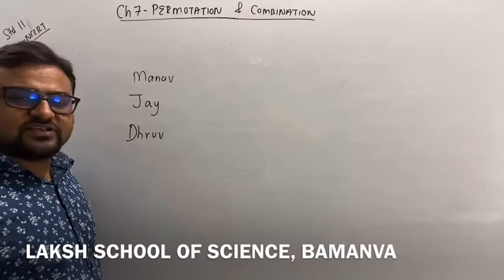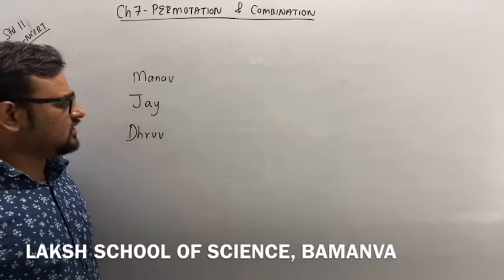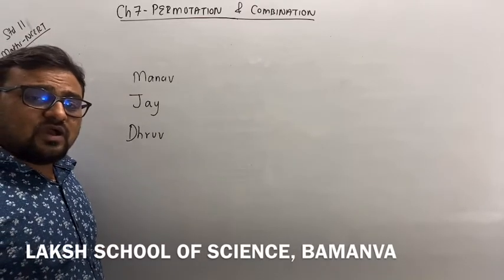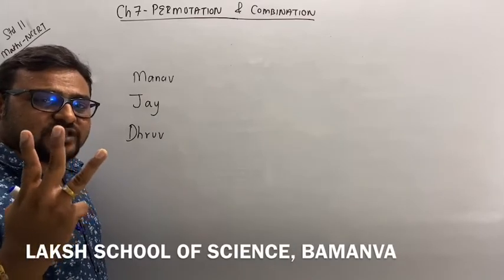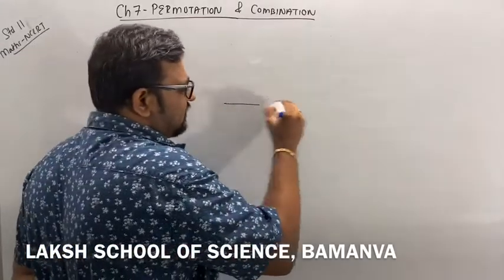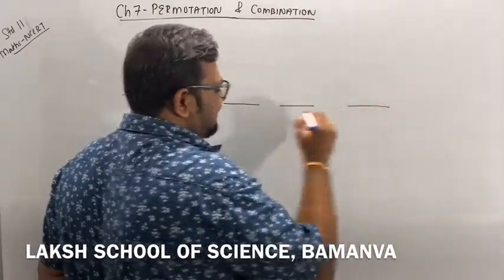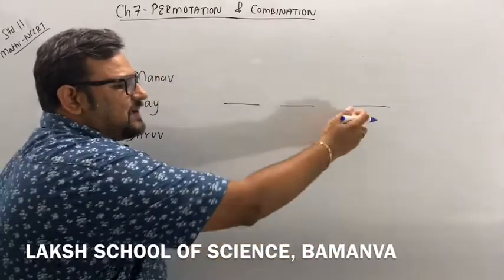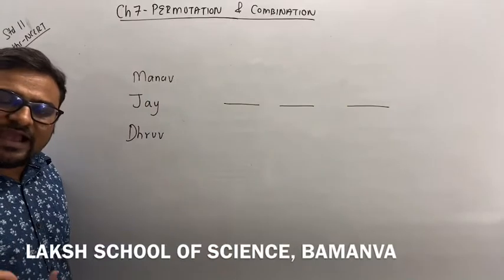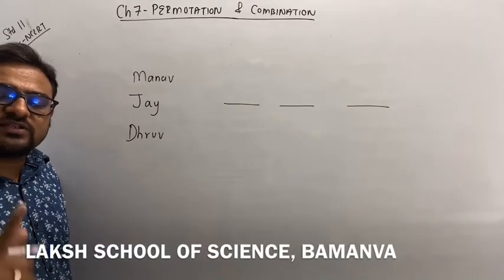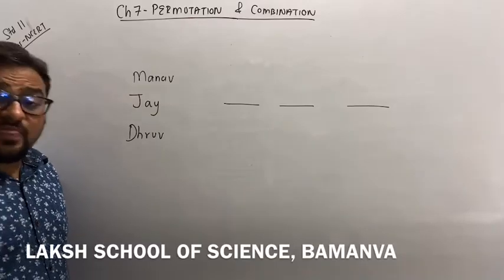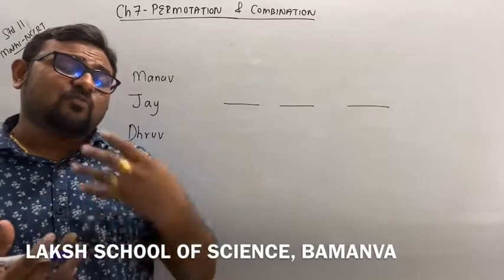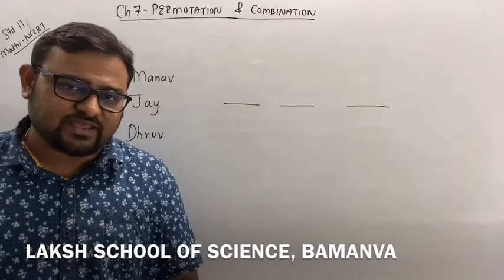Now I have three places for them to sit, one, two, three. Let's say there are these three benches, and I can only allow one student to sit in one bench. Then in how many different ways?